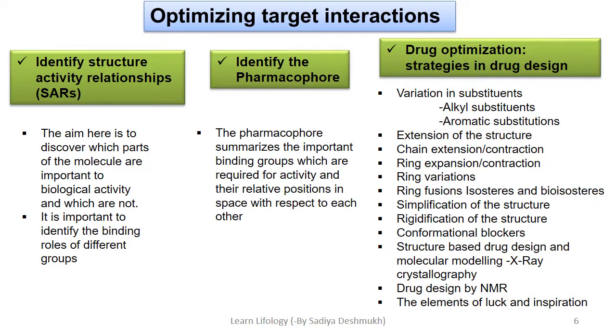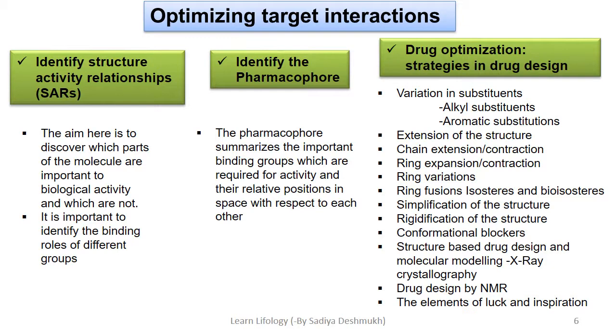Whatever the structure requirements are according to their target, these things are done. Then ring variations, ring fusions, simplifications of the structure, then rigidification of the structures, conformational blockers, structure-based drug designing, molecular modeling, X-ray crystallography. Now, these techniques are used in the designing or doing the optimization of the drugs.